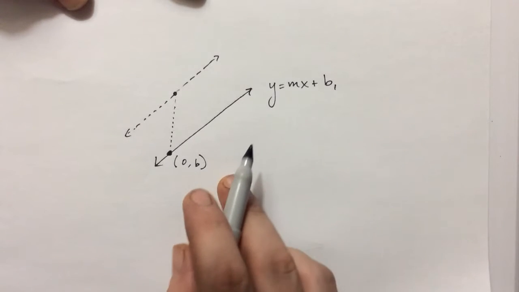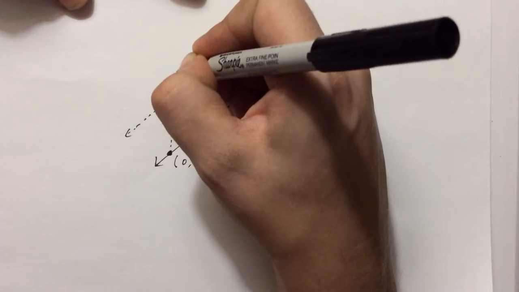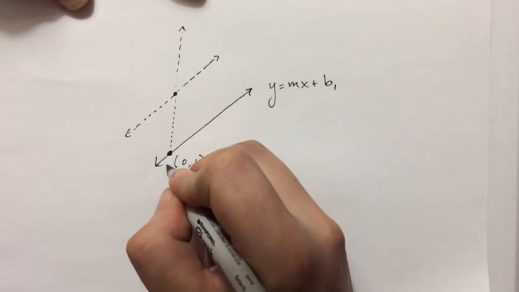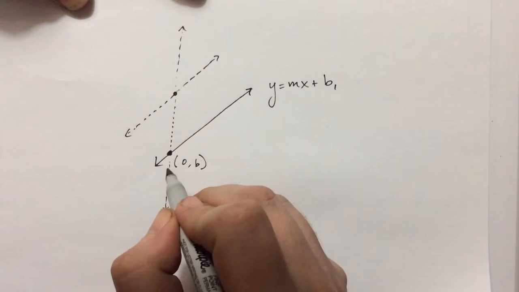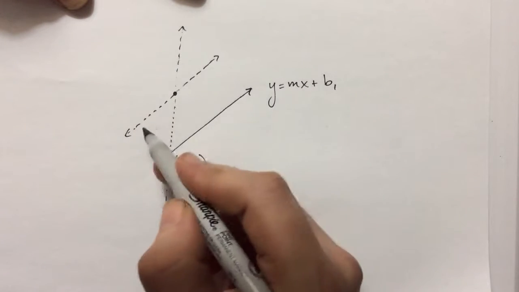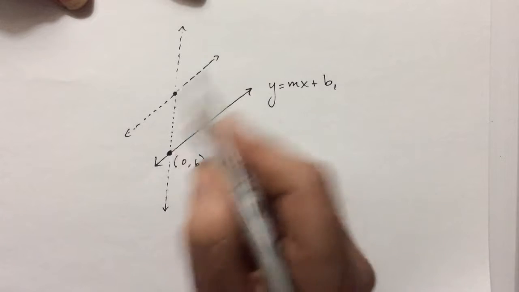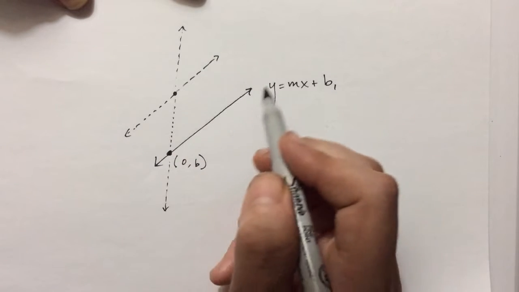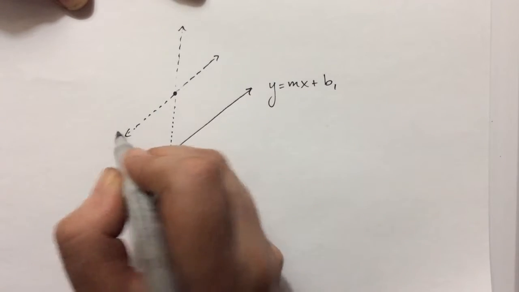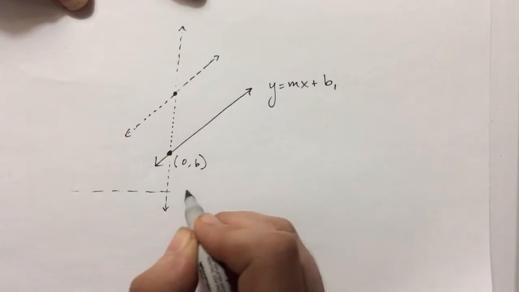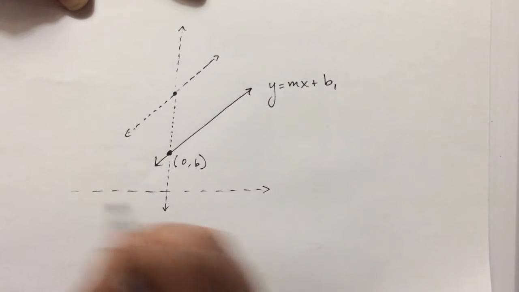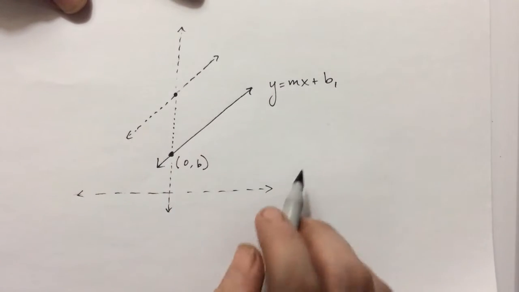Well, we've already discussed the fact that the y-intercept of a line is where it crosses the y-axis, and parallel lines are lines that don't intersect, and so they just cross the y-axis in different points. And so the other line that's parallel has the same slope and just crosses the y-axis in a different point.